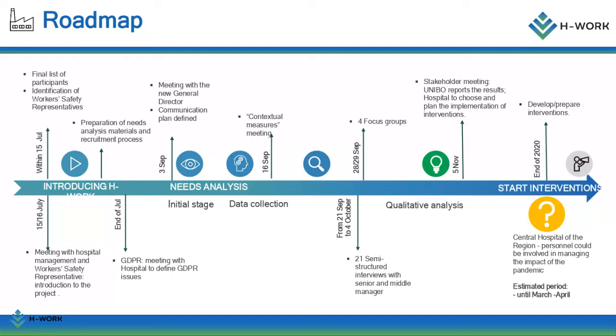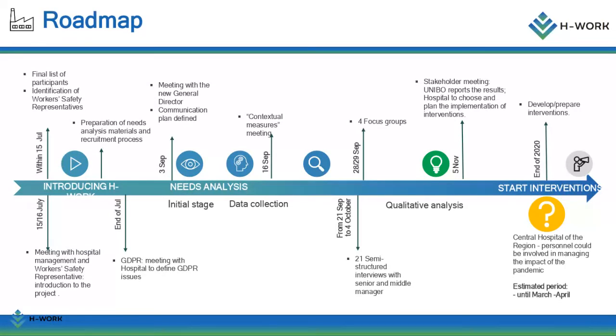They had 4 focus groups and 21 semi-structured interviews. This is obviously a hospital, a large organization, which meant that we had more than 1 focus group, and we interviewed more than 1 senior manager and 1 middle manager. I'll come back to how many we interviewed a little later.